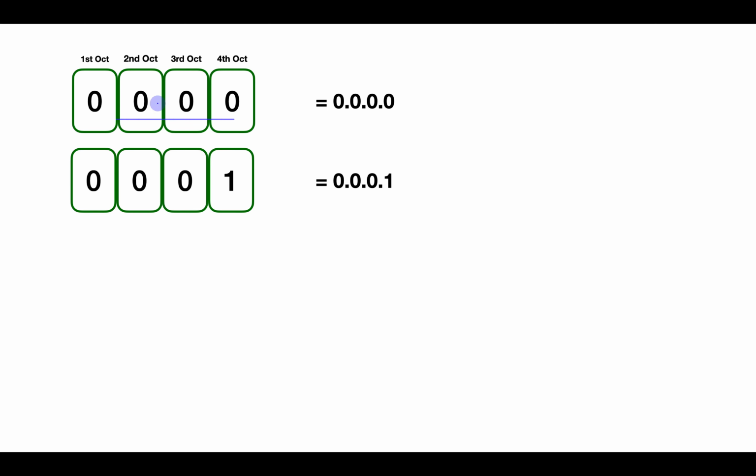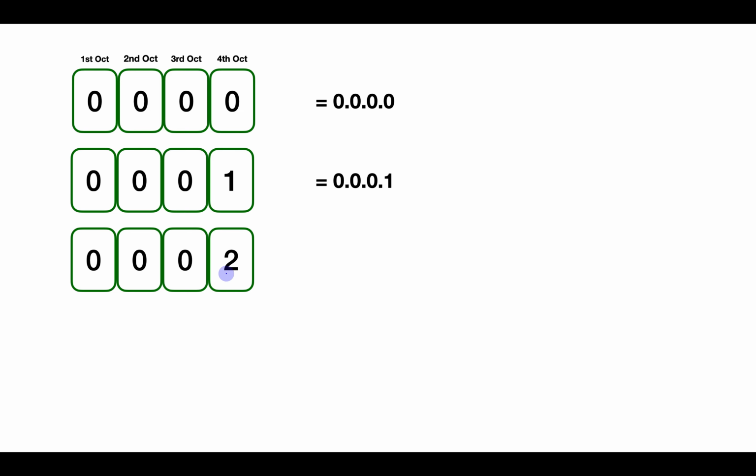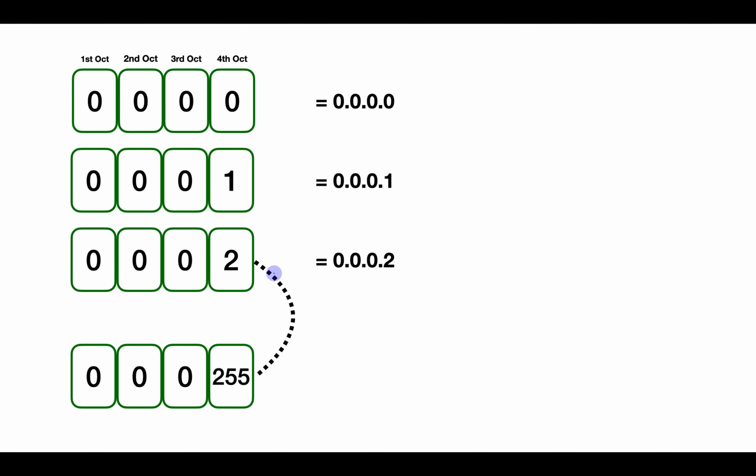If the value is 2 for the last octet, the IP address will be 0.0.0.2, all the way till 255, because it will keep on increasing: 0, 1, 2, 3, 4, 5, 6, 7, 8, 9, and so on, and then 255. Then the IP address will be 0.0.0.255.